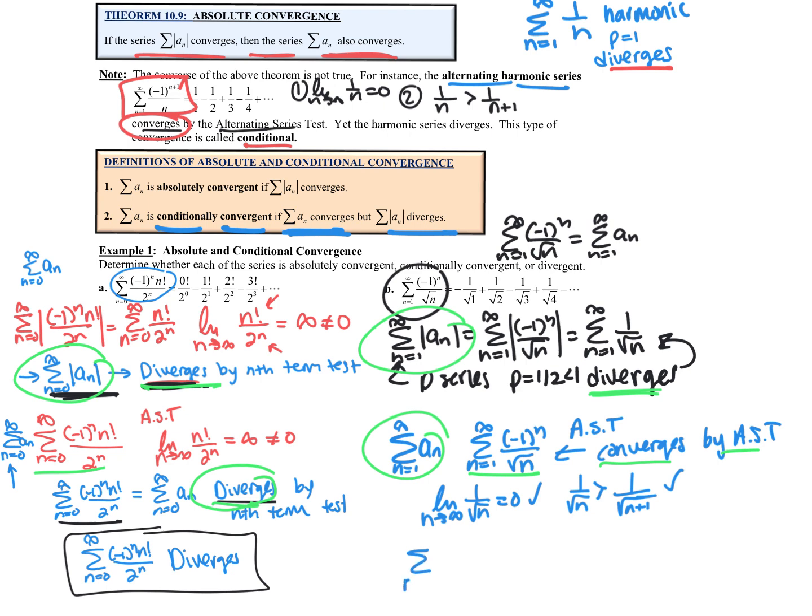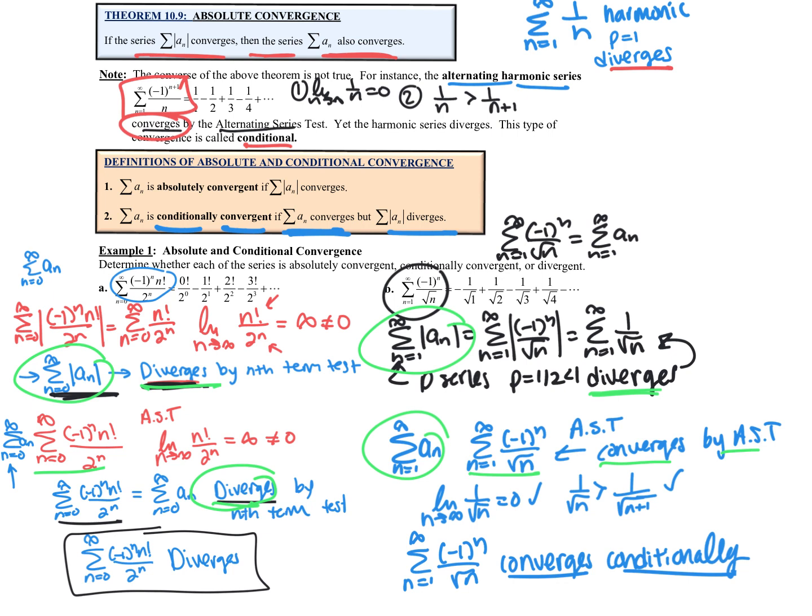So we would say our original series here converges conditionally, because the absolute value version without the alternating part diverges, but then you put the alternating part back in and this converges. And that's exactly what conditional convergence is.